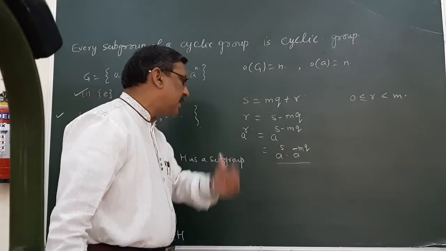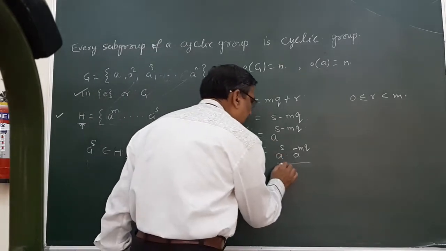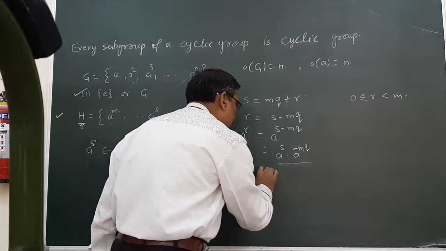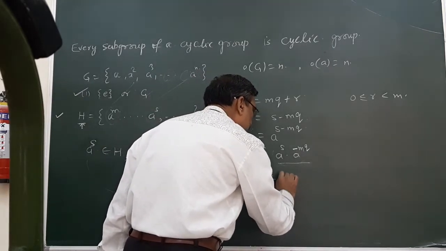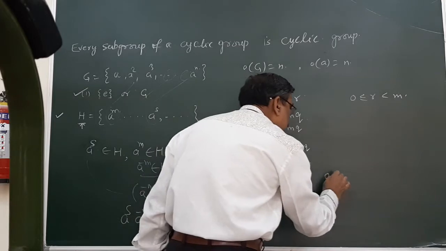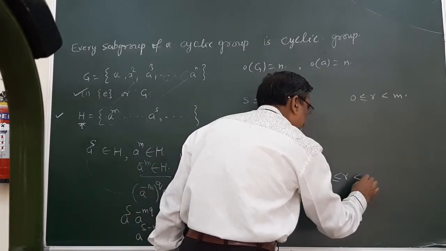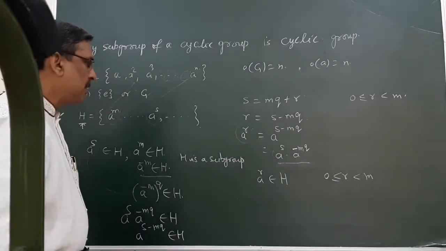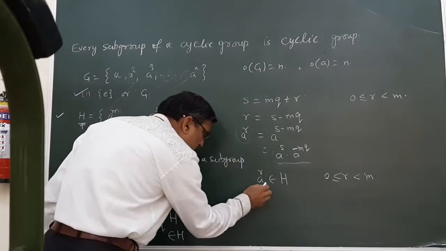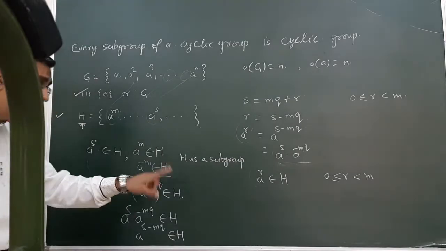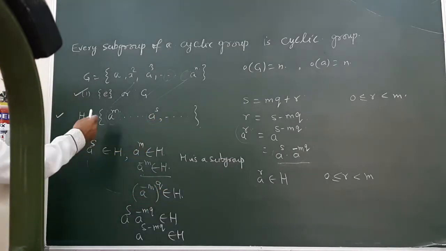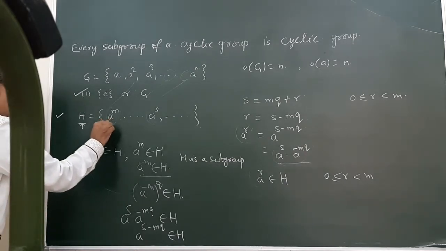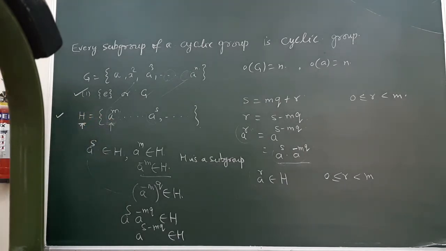Thus, from this result, a^r belongs to H, where r is lying between 0 and n. And a^r belongs to H and r is less than n, yet we started with the assumption that a^n is the lowest member of this subgroup.